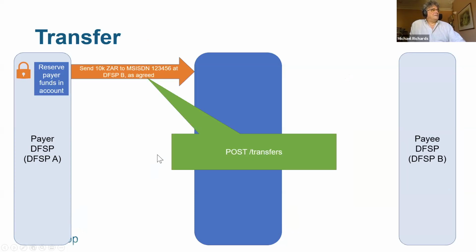So now we come to the actual transfer part. Now, the payer reserves the funds and sends a request saying, please transfer these funds. Here is the condition that you gave me. It also sends the content of the terms that the payee agreed to.